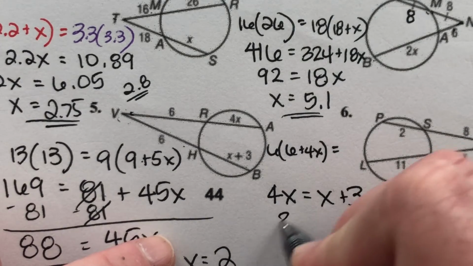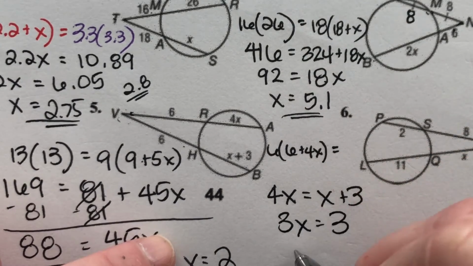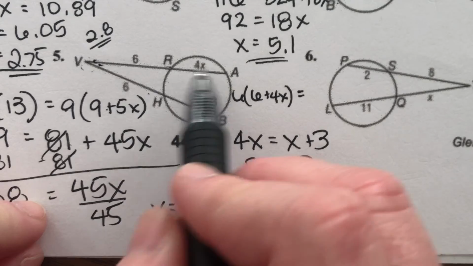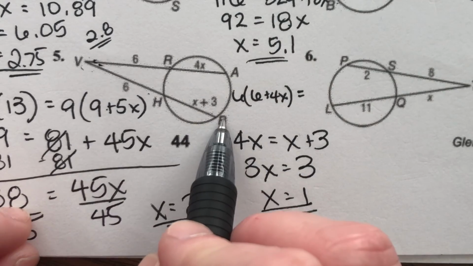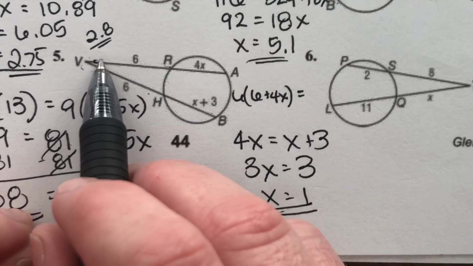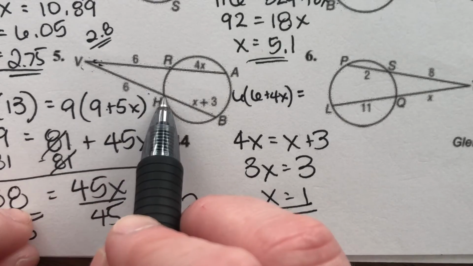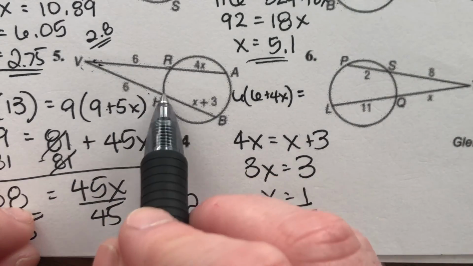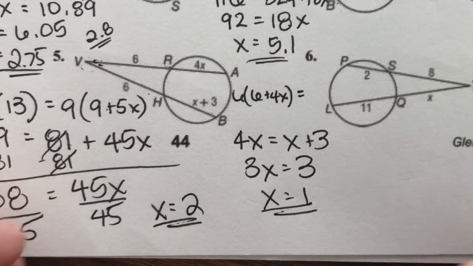And minus x, 3x equals 3, x equals 1. Right? Because if this times the whole thing is equal to this times the whole thing, and the outsides are the same, and the products are equal, then the insides would have to be the same as well. That's all I'm saying.